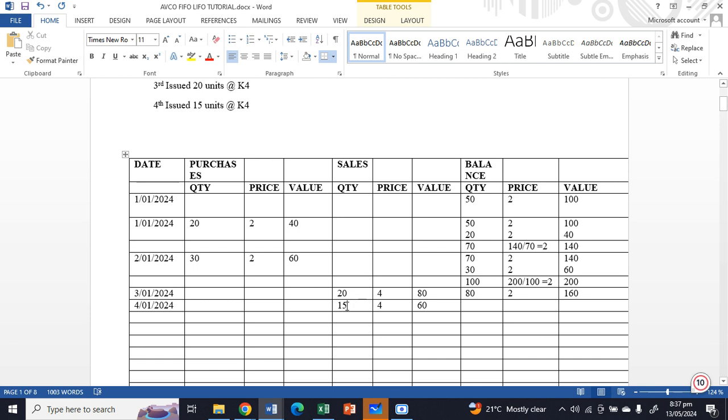So these 15 units, we're going to deduct them from the 80 units that we had. So 80 minus 15, that should be 65. So remaining 65 units valued at 2 kwacha per unit. 65 times 2, 130 kwacha. That is the value of the goods we have.